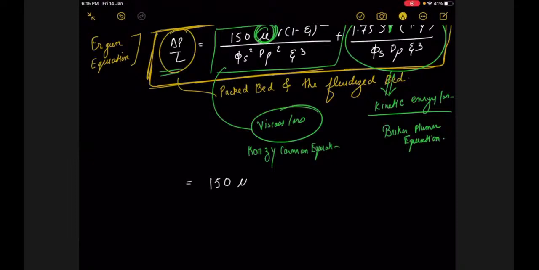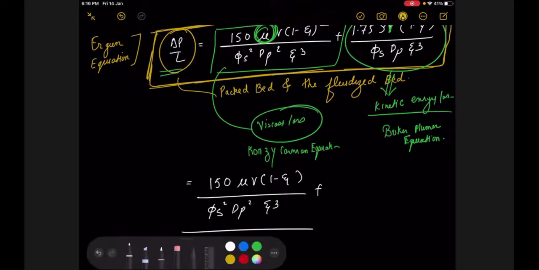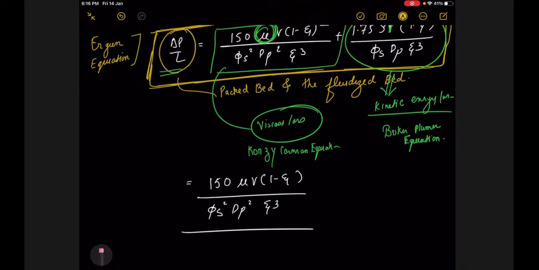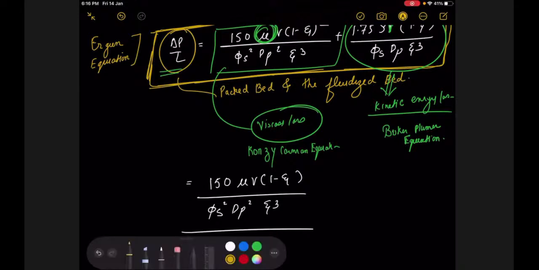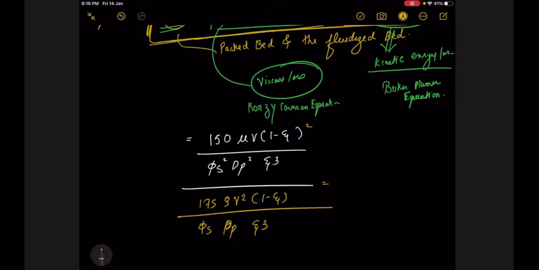It will be 150 mu V (1 minus epsilon) upon phi s square dP square epsilon cube upon 1.75 rho V square (1 minus epsilon) upon phi s dP epsilon cube. You have to just calculate the ratio of this.